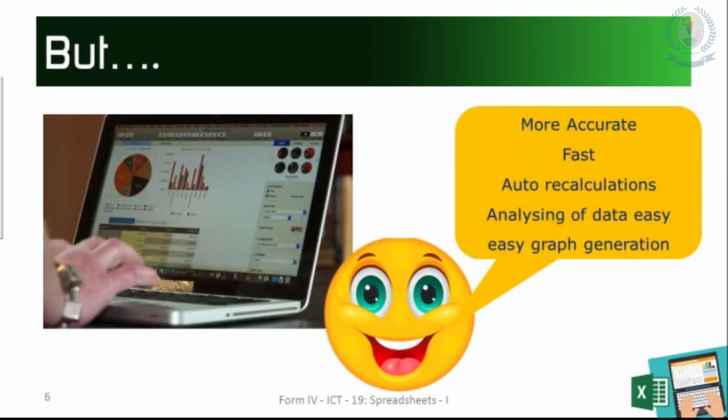But when you go to the computerized method, when you use the computer to do these calculations, it is more accurate and fast. You can do auto recalculations. That means when you change the values of the calculation, the dependencies also get edited automatically.